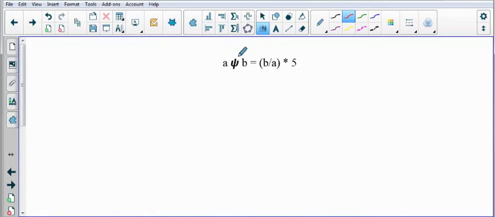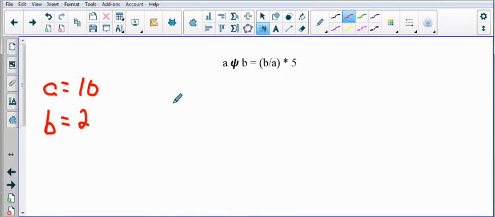All right, let's look at the last thing that I have. If you see A, and this is a Greek letter, I won't get into it, A, this funky thing here, B, is equal to B divided by A, and then you take that times 5. Well, let's let A equal, I don't know, 10, and B equal 2.